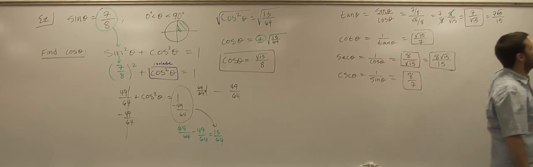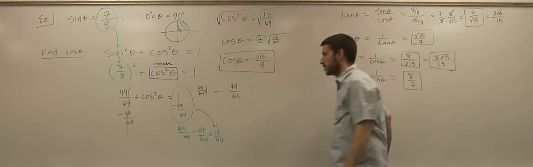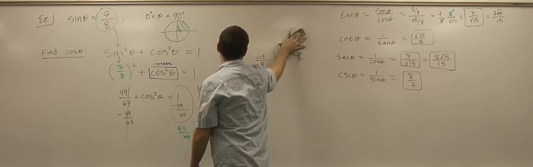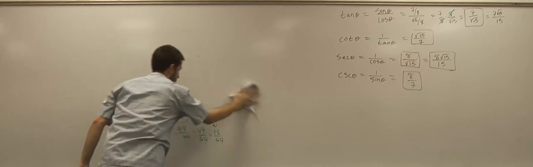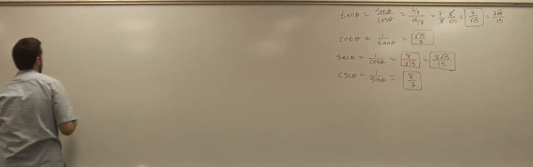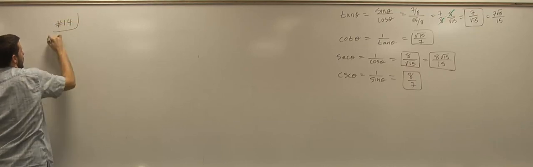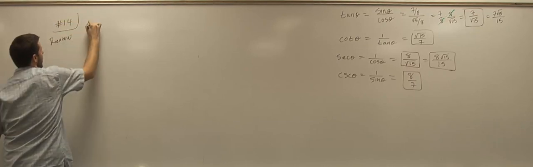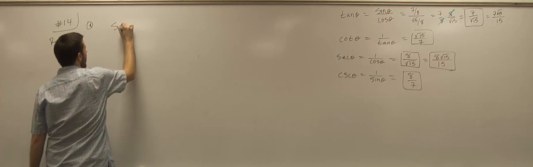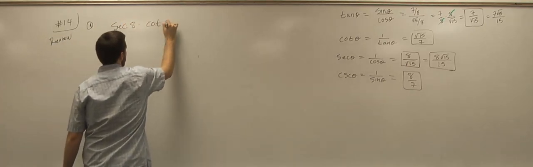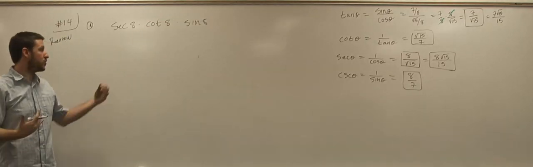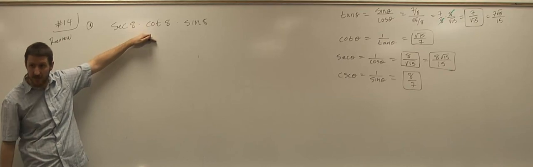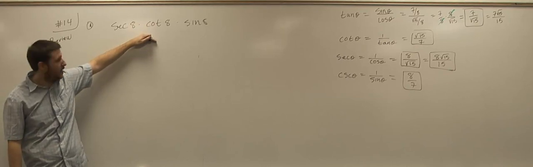So take, for example, part A. A simple one. I gave you the expression secant of 8 radians times cotangent of 8 radians times sine of 8 radians. And I want you to use identities to actually simplify this. How do you think you can do that? What do you think that means?